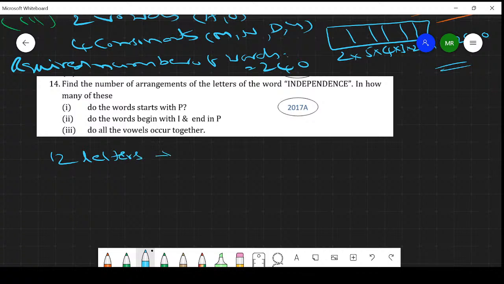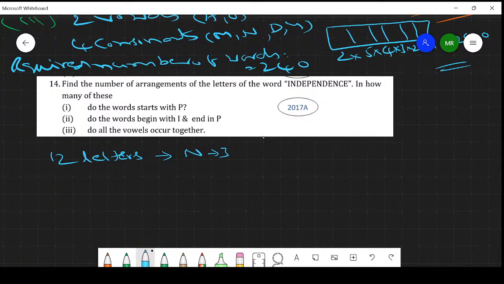In these 12 letters, you can see here N appears 3 times, correct? E appears, how many times? You can see 1, 2, 3, 4 times.